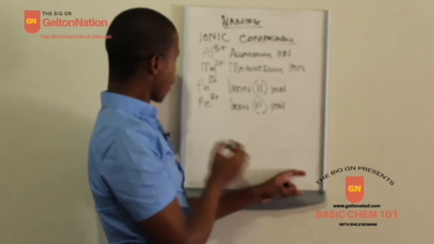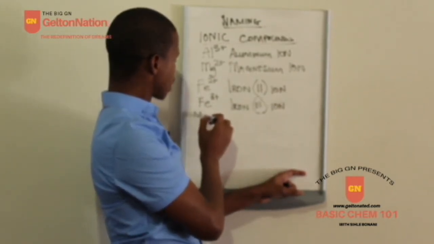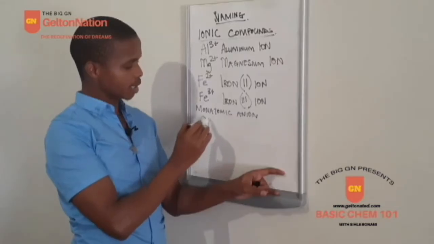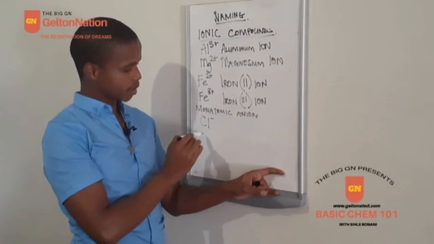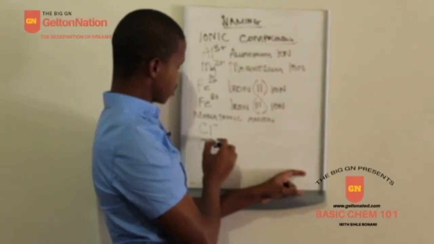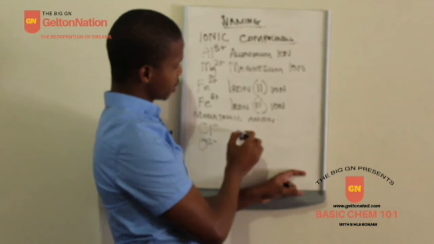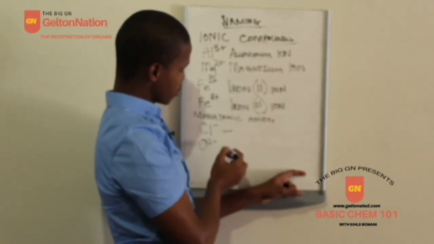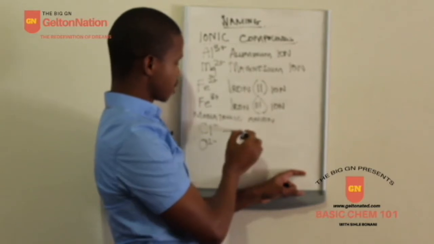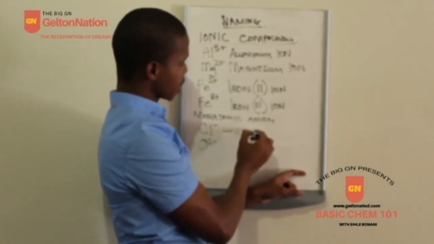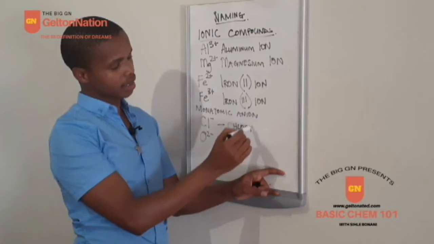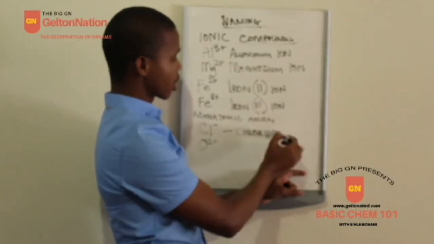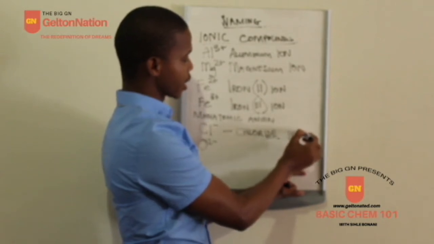And then for your monoatomic ions, let's say you have Cl minus, you have O2 minus. You don't just write its name like we did for metals, but for chlorine you change the last letters to "ide", so it's gonna be your chloride ion.